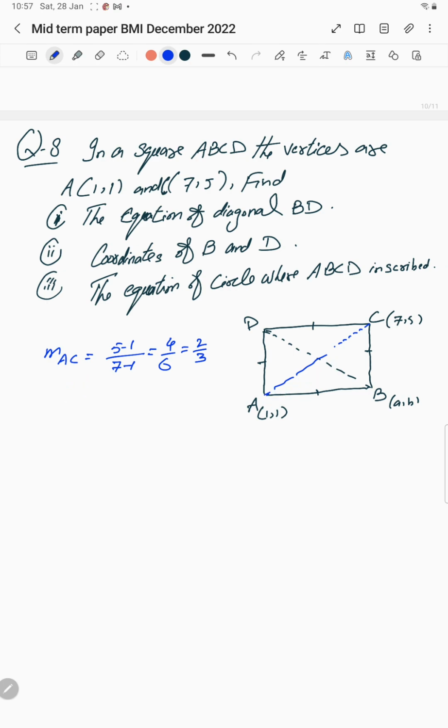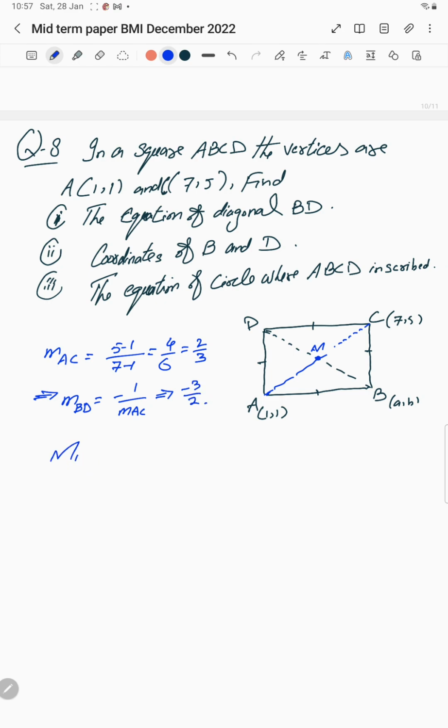And by property of square, the diagonals bisect each other at the midpoint M. As they are perpendicular, the gradient of BD will be the negative reciprocal of the gradient of AC. So it becomes minus 3 by 2.